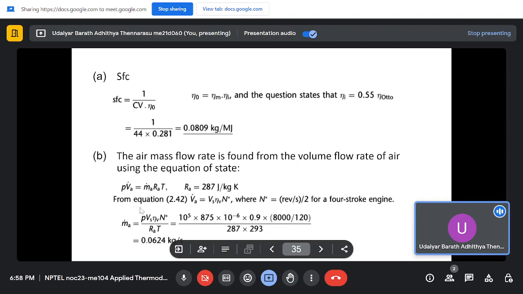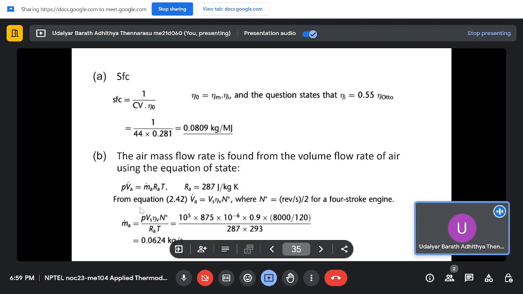So for specific fuel consumption, it is defined as m dot by work. So that is the amount of mass taken in, or the fuel taken in, by the power generated. So that is how the specific fuel consumption is defined.